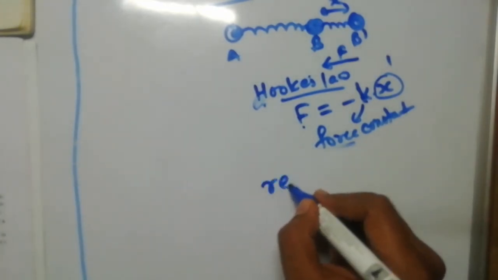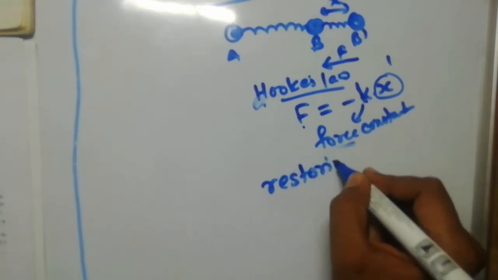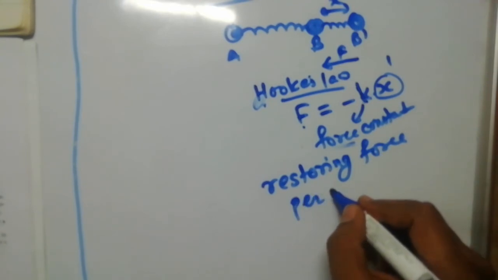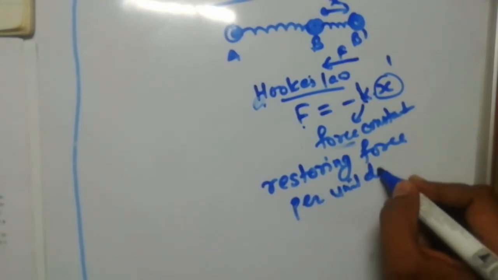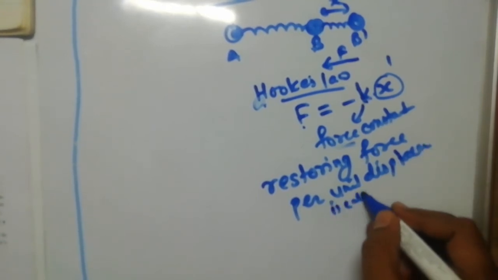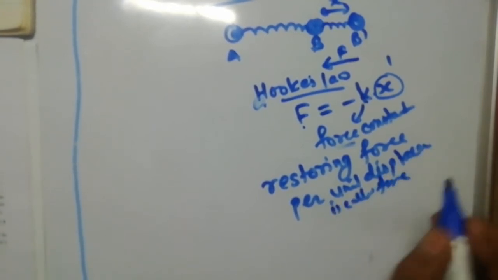What is F? F is a restoring force. So restoring force per unit displacement is called force constant, and force constant is a characteristic of a spring.